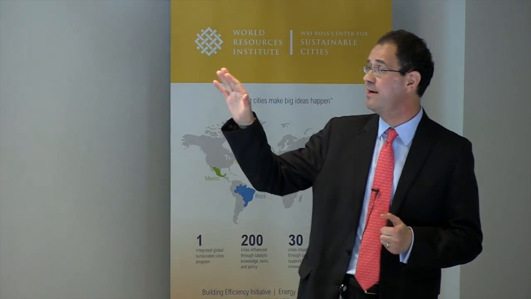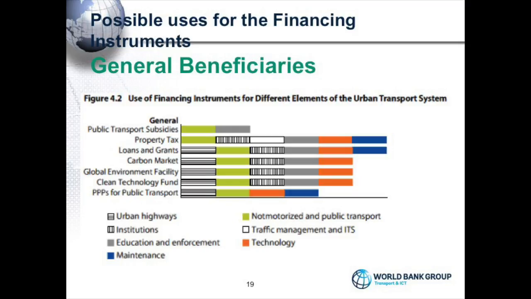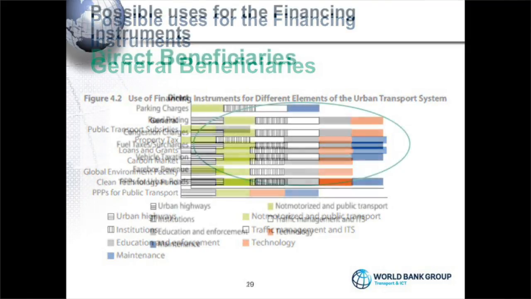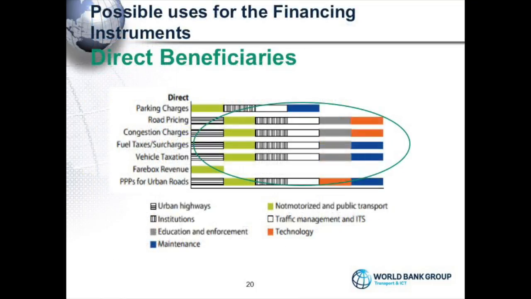So you can see from general beneficiaries, loans and grants, global environmental facility can finance several parts. Now let's see what happens when you go to direct beneficiaries. Let me go back, and again, you see even more parts.